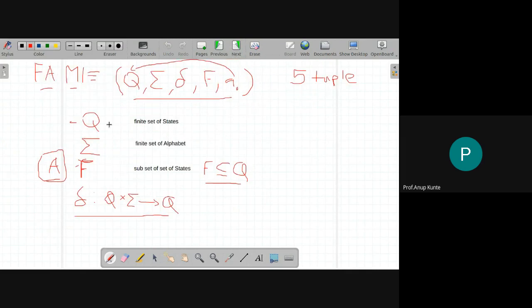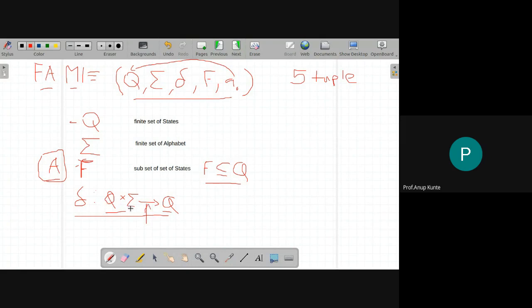Okay, so what we have in this entire definition of finite automata is Q, which is a finite set of states, sigma, which is a finite set of alphabets, then F, which is a subset of the set of states, that is, a subset of Q. Finally, we have delta, which is a mapping between Q cross sigma and Q. So this arrow indicates a mapping.